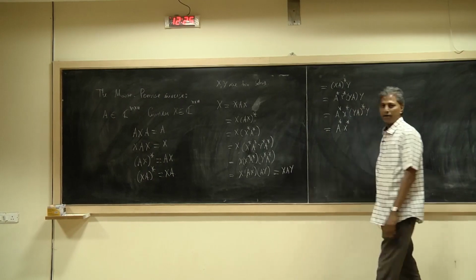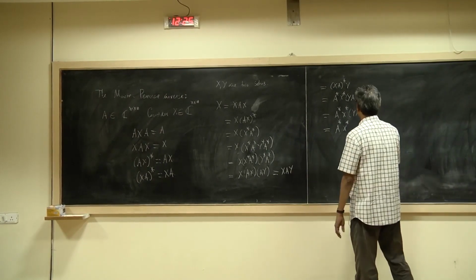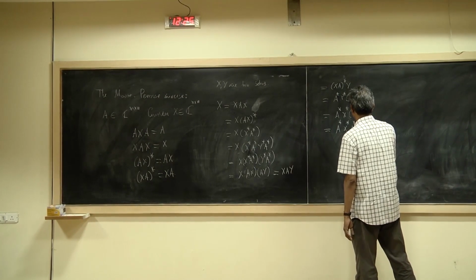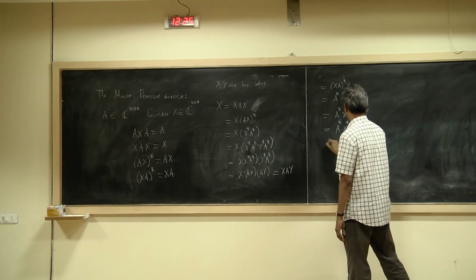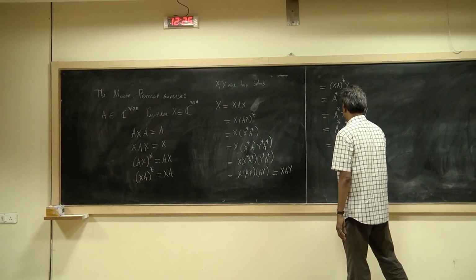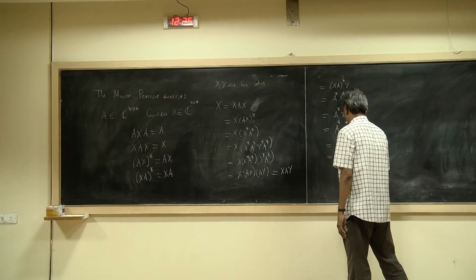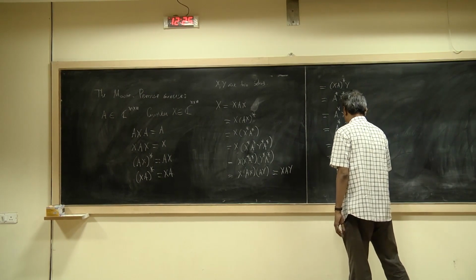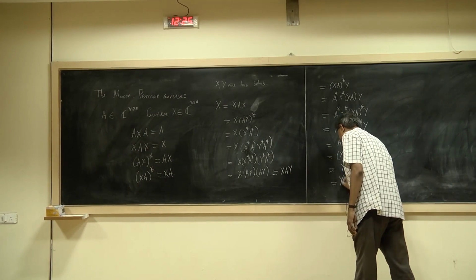I'm just hoping that I'll get Y on the right hand side. A star Y. Yeah, so combine these two. A star Y, (YA) whole star, (YA) star is YA, Y, that's all. Okay, so X equals Y.